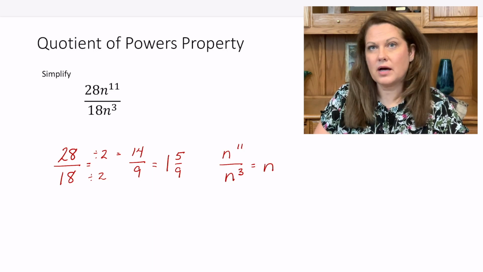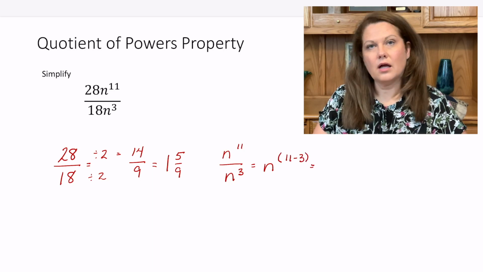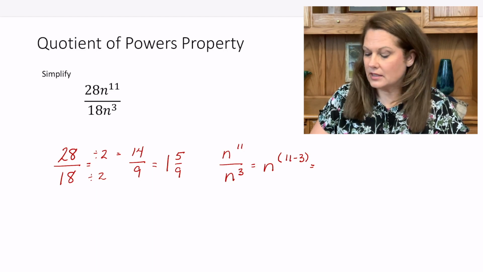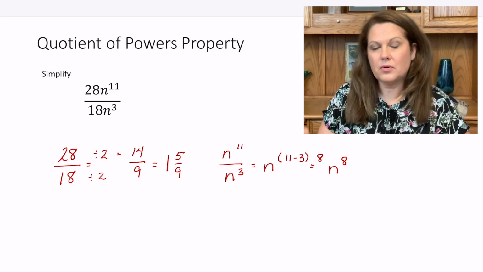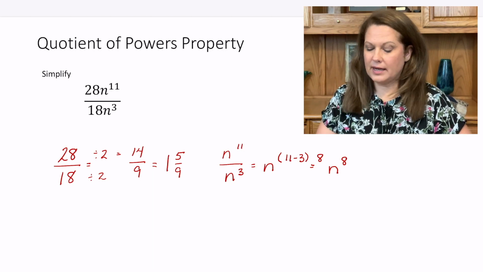So I can use my laws of exponents and say 11 minus 3. 11 minus 3 is 8. So my answer is n to the 8th. Put your two forms together. Now this one you can write in a couple of different ways.